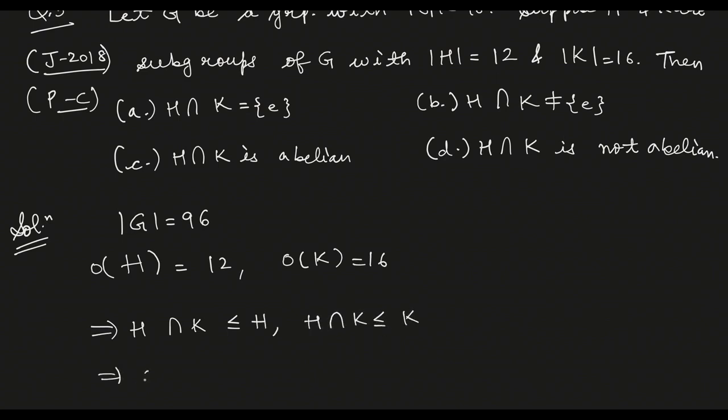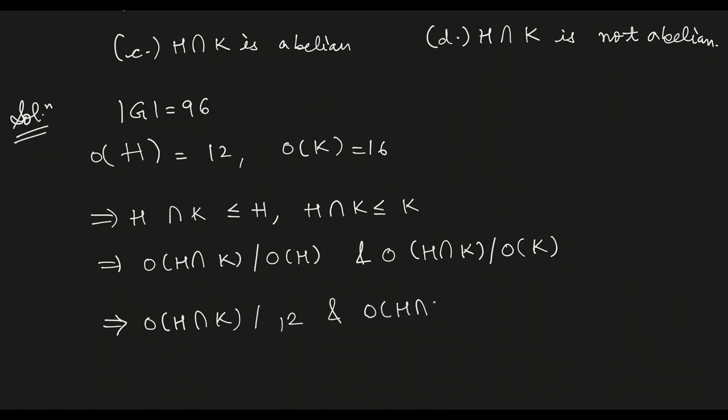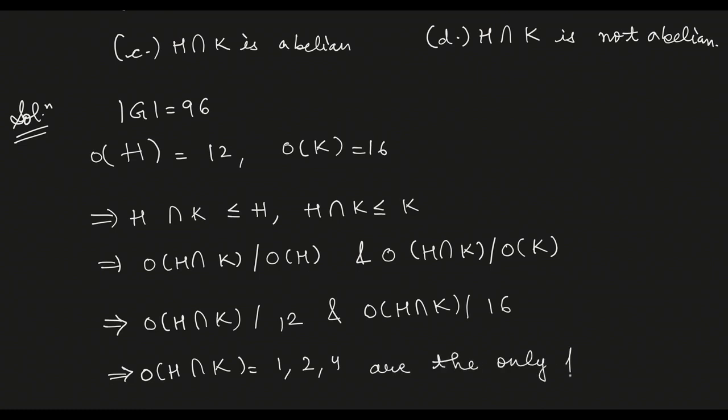So this means that order of H intersection K divides order of H, which is 12, and it divides order of K, which is 16. So order of H intersection K can be 1, 2 or 4. These are the only possibilities which satisfy above relation.